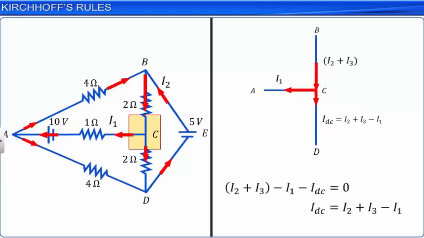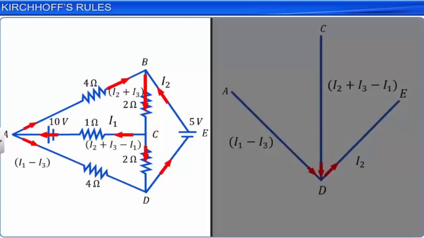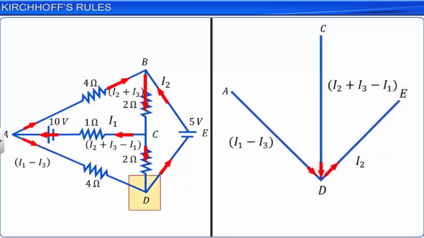We have labelled the currents in all the branches. We have a self-check to see whether the magnitudes of the current in the branches that we calculated are correct. Let us apply Kirchhoff's first rule at nodal point D. As Kirchhoff's first rule is satisfied, the current in the branches that we have calculated is correct.